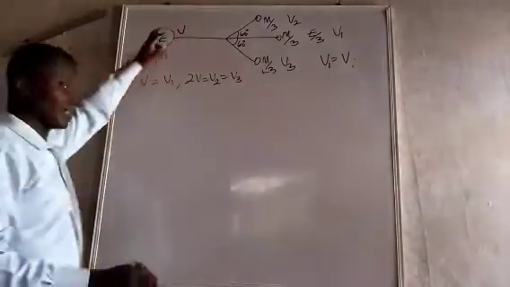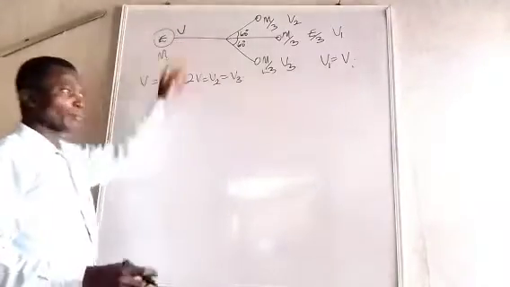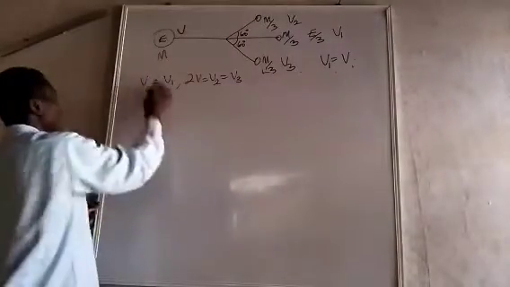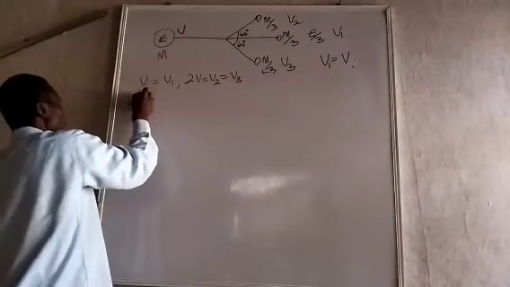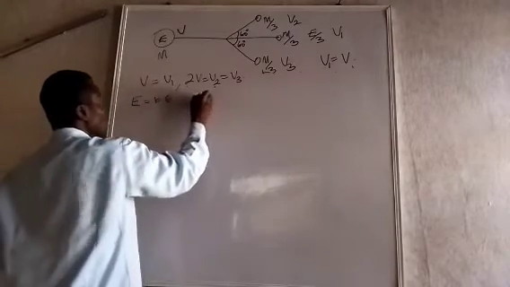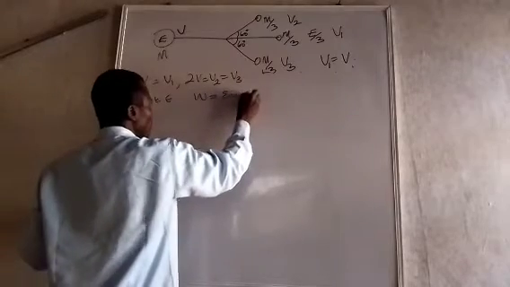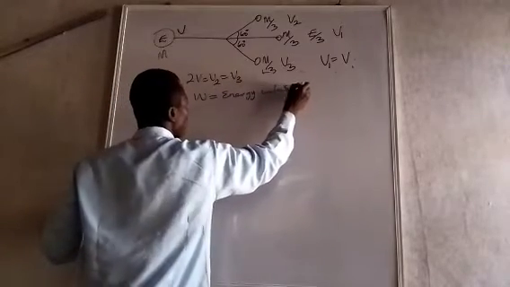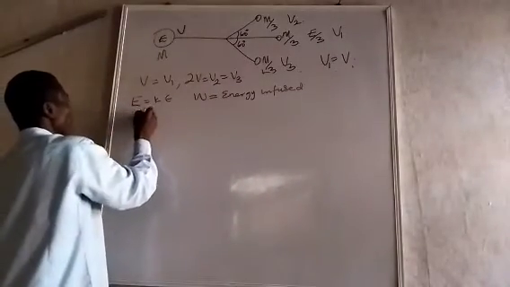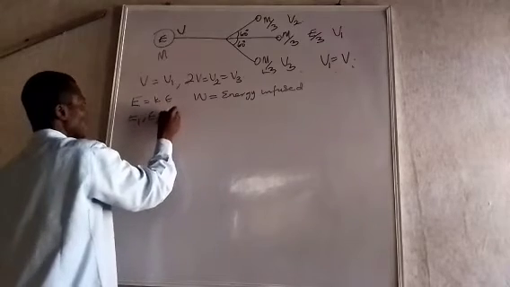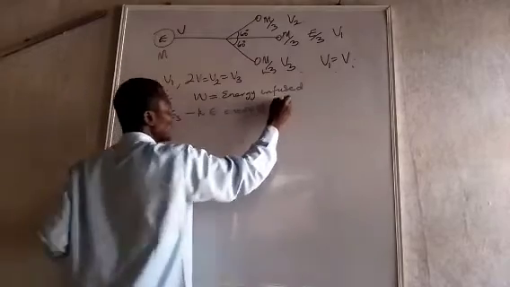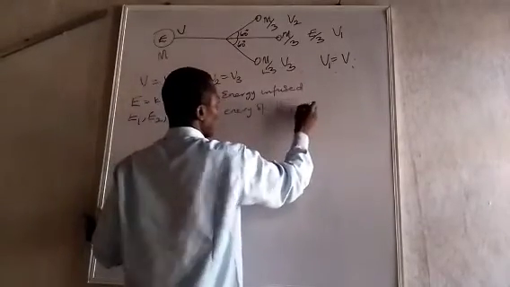Now, kinetic energy plus the energy infused is equal to the energy in the three parts. E is the kinetic energy, W is the energy infused, and E1, E2, E3 are the kinetic energies of the parts.